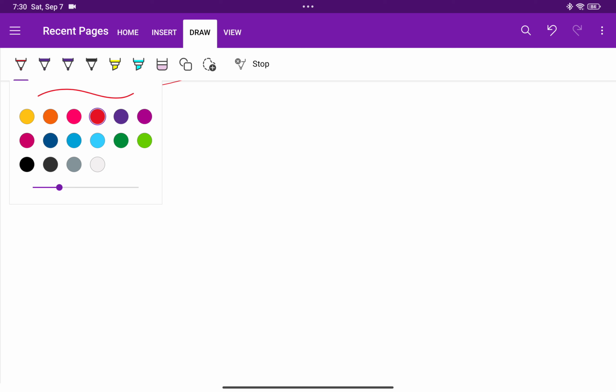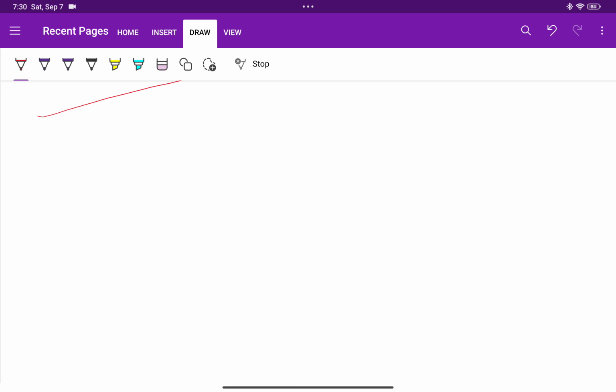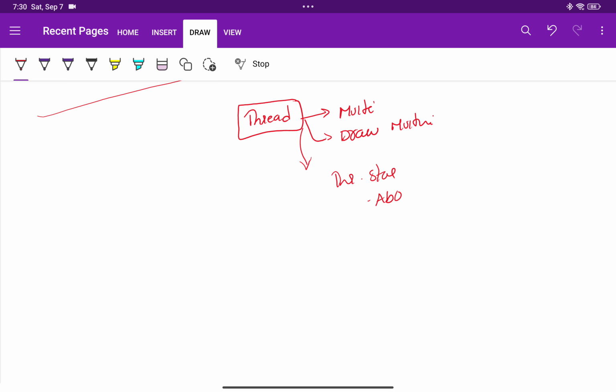Today I am continuing the concept related to thread. Now I am discussing what are the benefits with multi-thread and what are the drawbacks with multi-thread, and we'll go deep into the thread object: the start method, abort method, join method, is alive property.